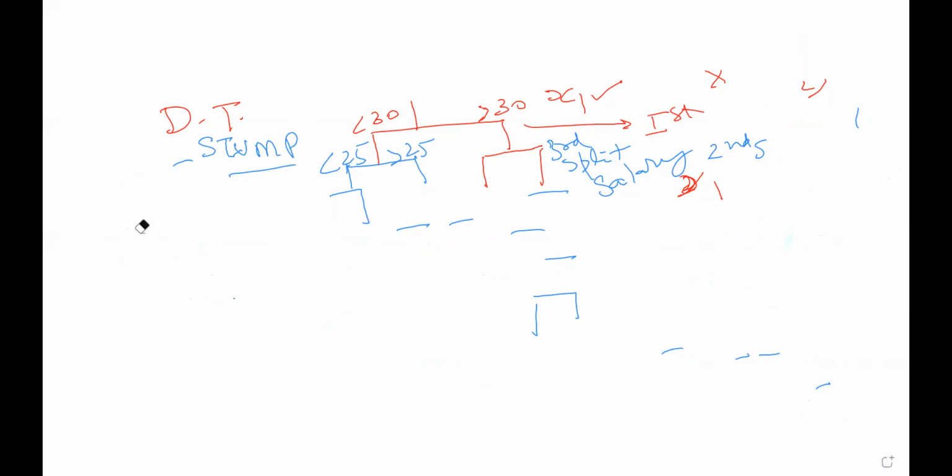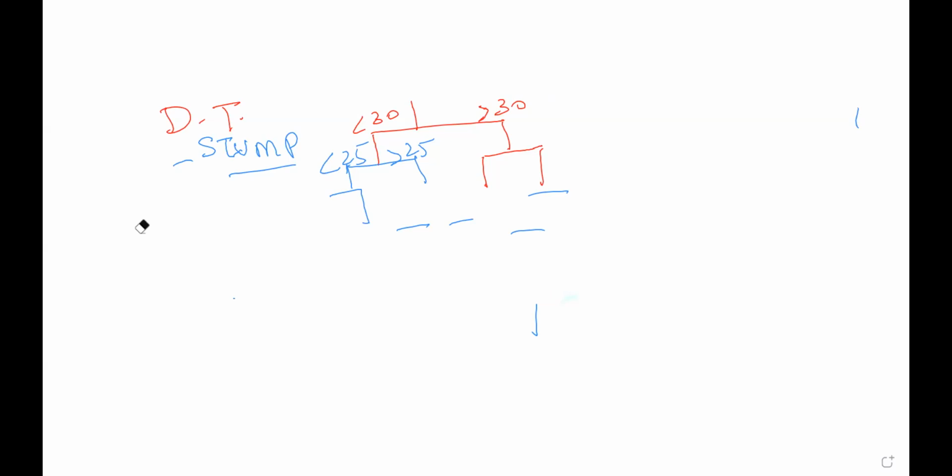You understood that there has to be a stopping criterion, that we need to stop the growth of the trees, and this process is called tree pruning, right? Now we are learning what is this stump business. Decision tree stump. Let me draw it and explain.